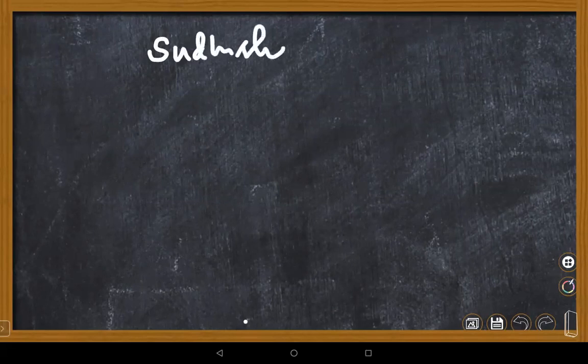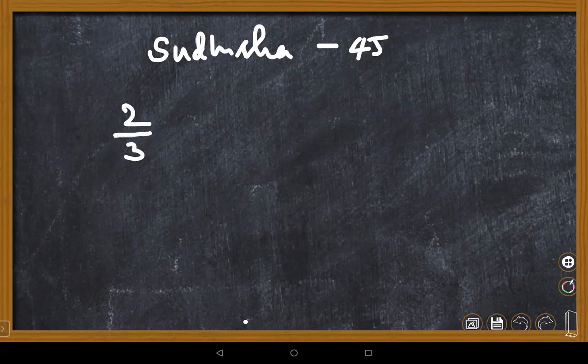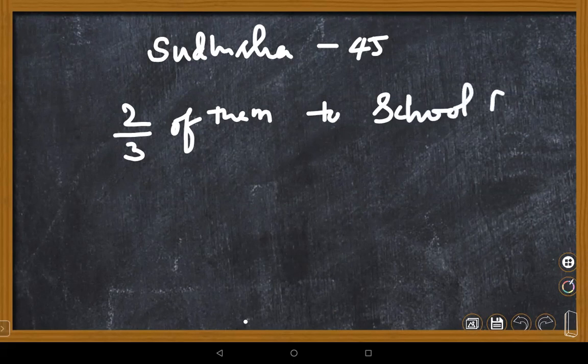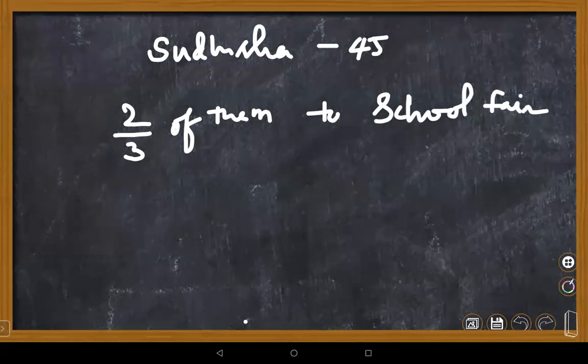Total Sudisha made 45 cakes, Nana. In that, she took 2/3 of them to the school fair. We have food fair festivals, right? Yes, ma'am.